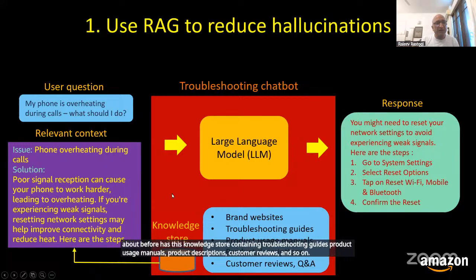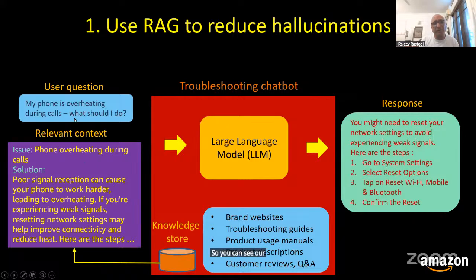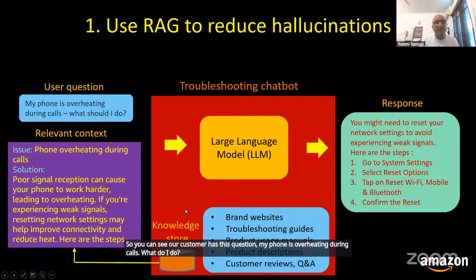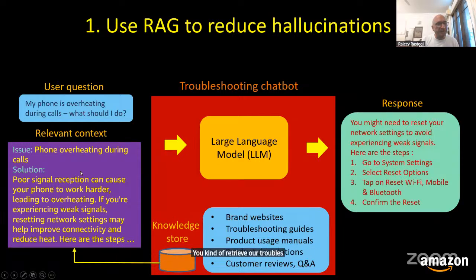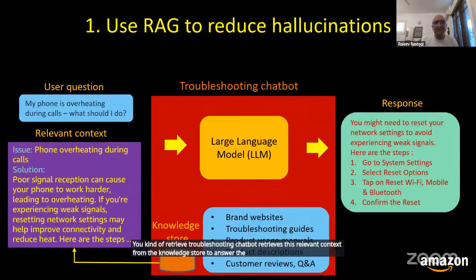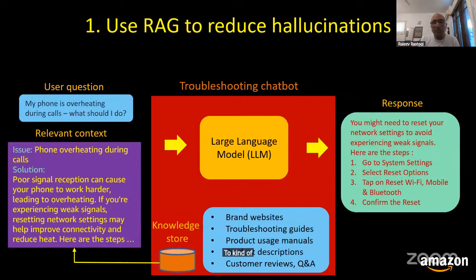So you can see here the customer has this question: my phone is overheating during calls. What do I do? Our troubleshooting chatbot retrieves this relevant context from the knowledge store to answer the user question. Here, this is a solution for that specific issue that's obtained from a brand website, right? Now, the question plus relevant context are input into the LLM to generate the steps to resolve the issue.